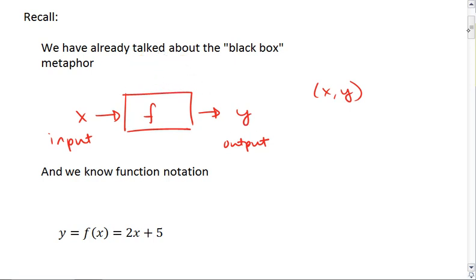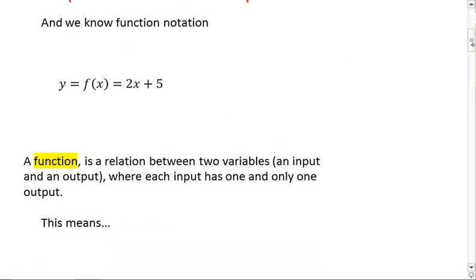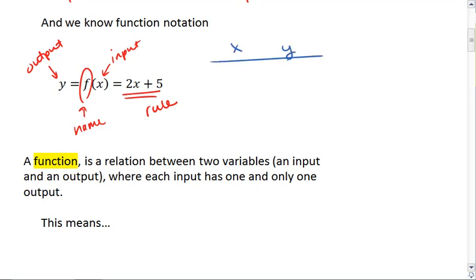We also have already talked about function notation, where for any given function, it has a name, an input, an output, and a rule. And the rule is what happens inside the black box. So we could make up a table of values where we plug in 0 for x, we get out 5 for y.